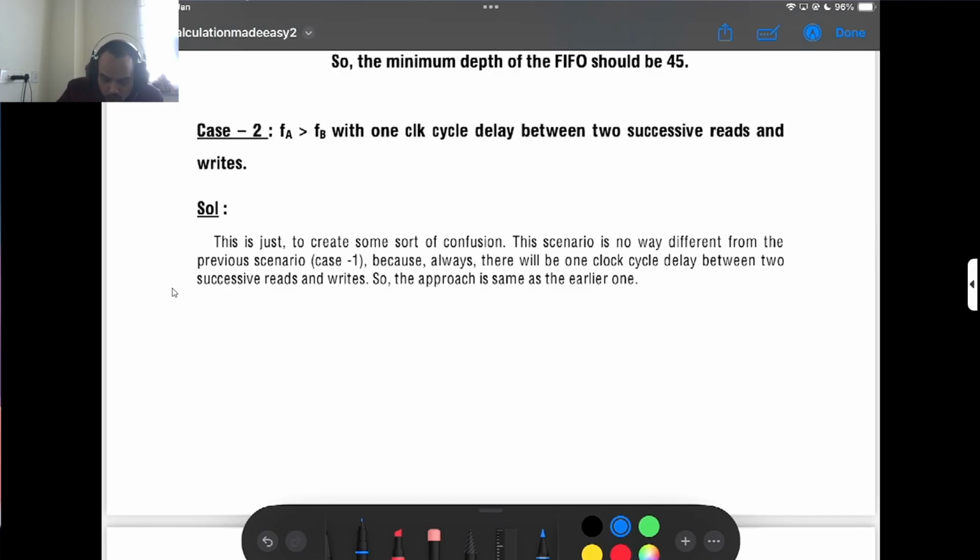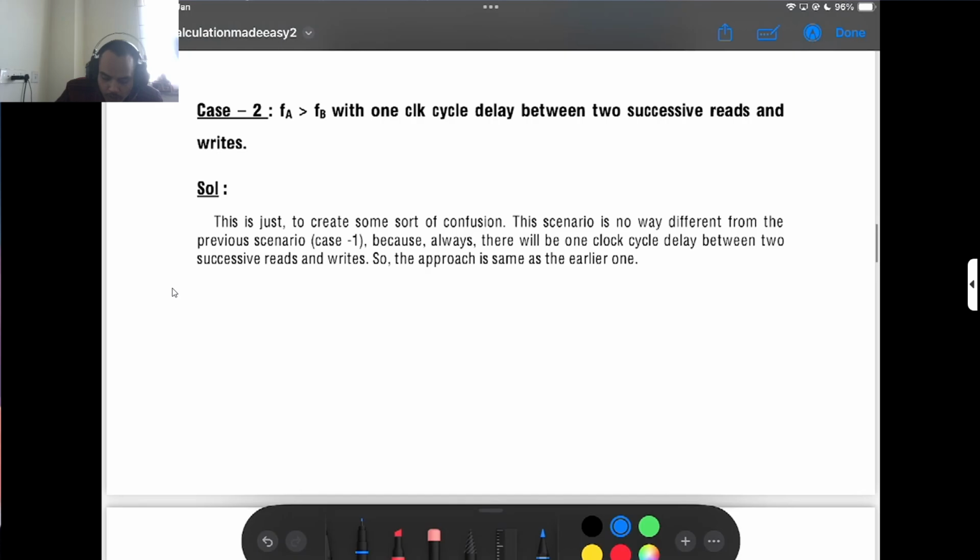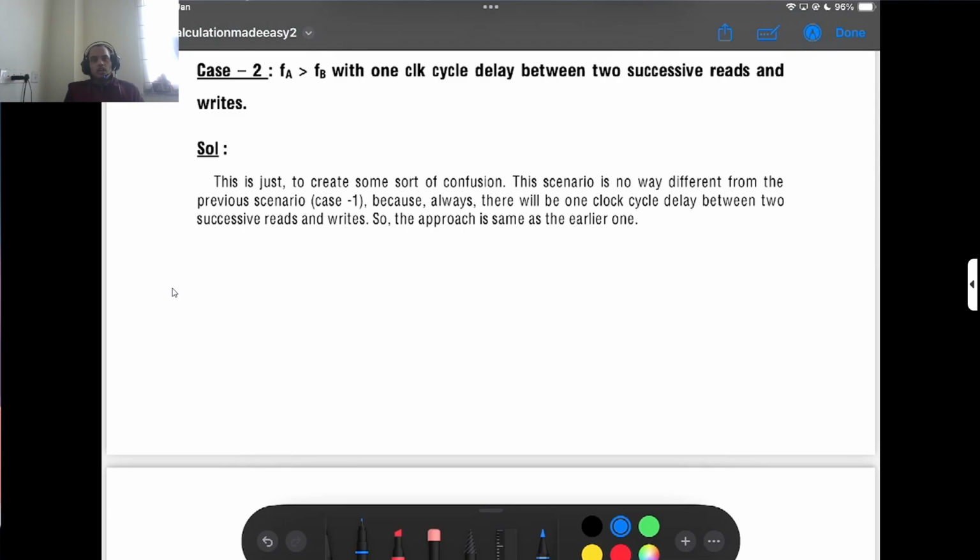Case 2. I hope case 1 is understandable for everyone. Case 2: FA greater than FB with one cycle delay between two successive reads and writes. This just creates some sort of confusion.